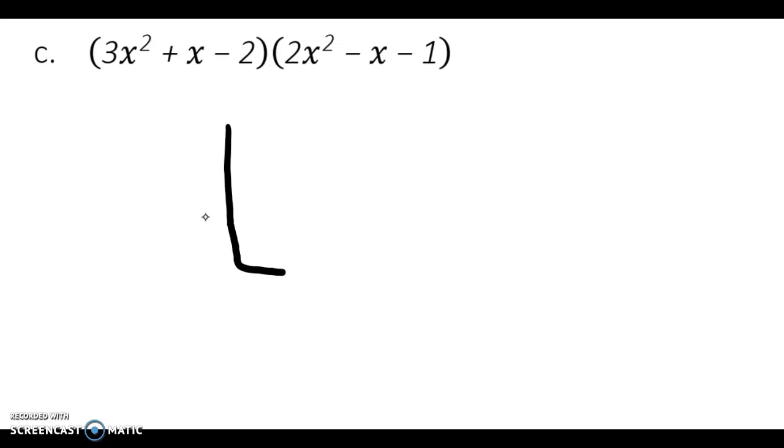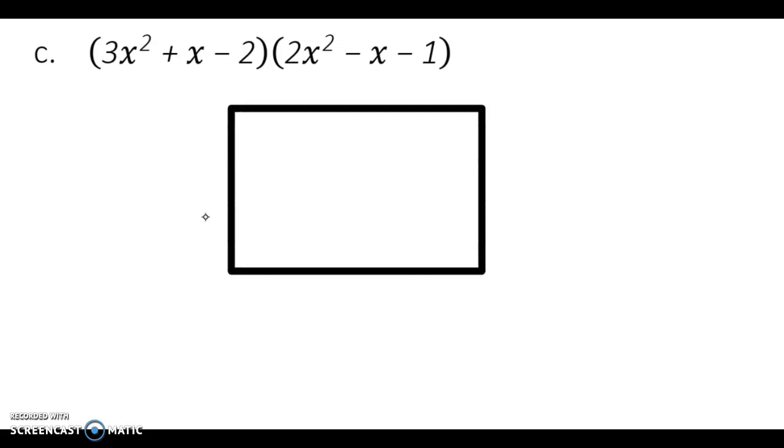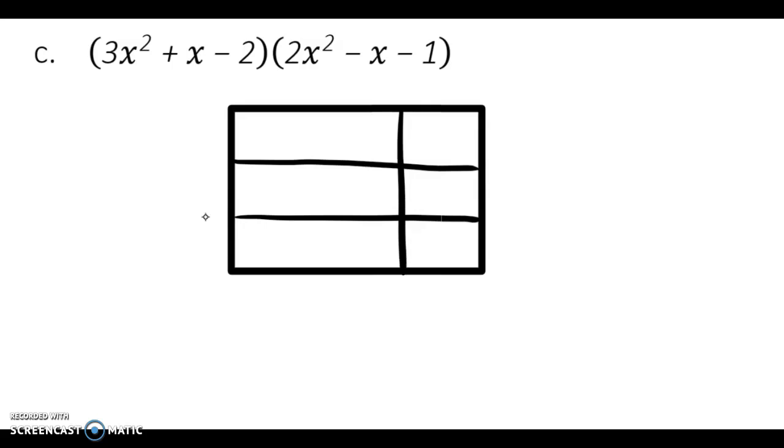So let's go ahead and create a box. And then we need 3 and then 3. All right, and then let's go ahead and write everything out. So 3x squared, x minus 2, 2x squared minus x minus 1.